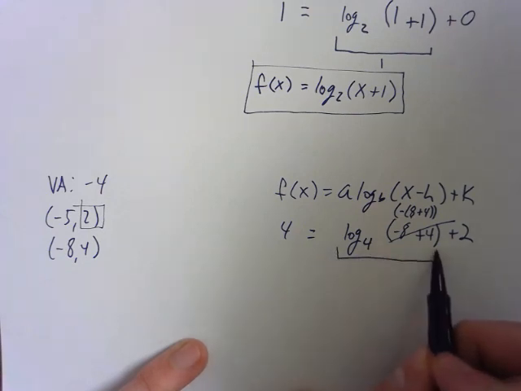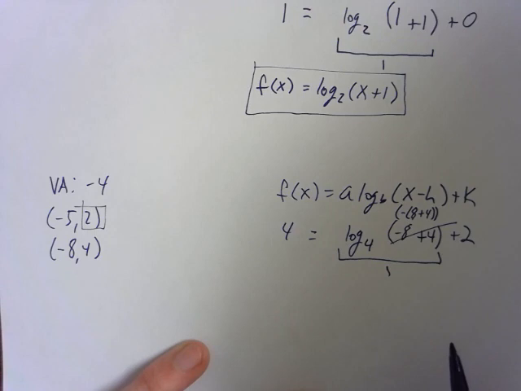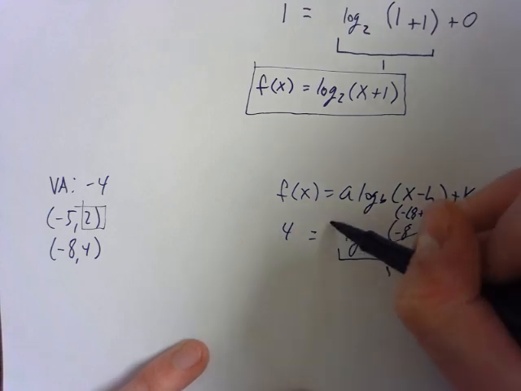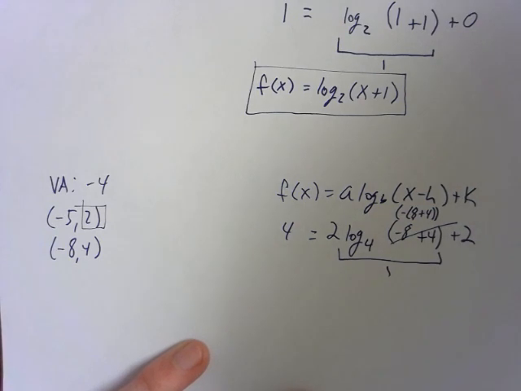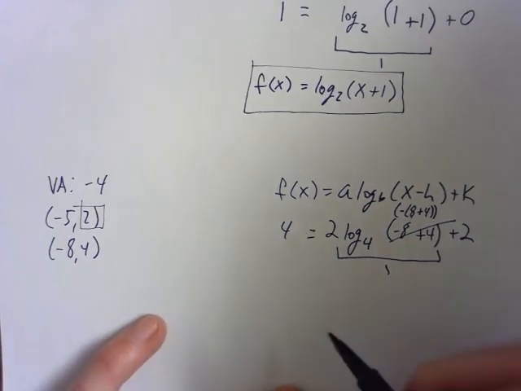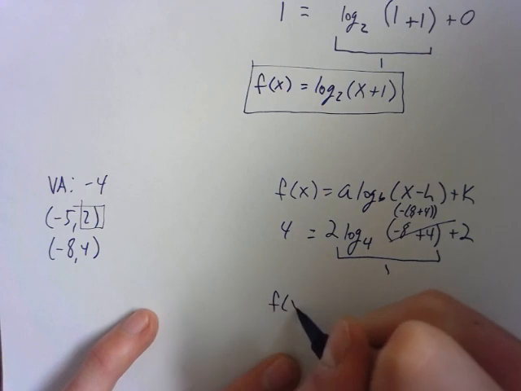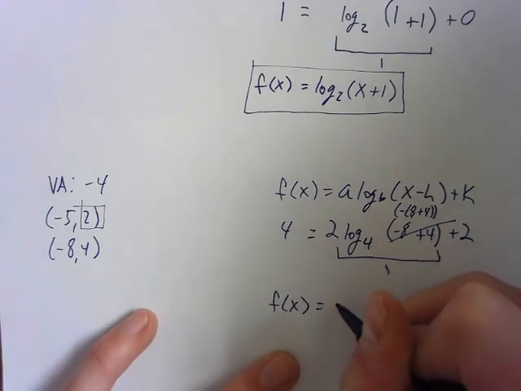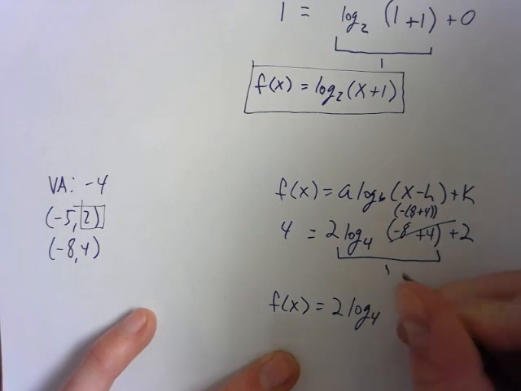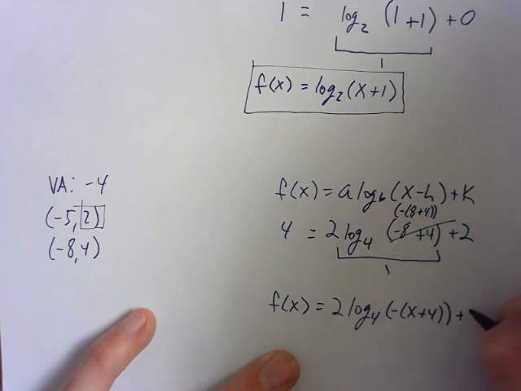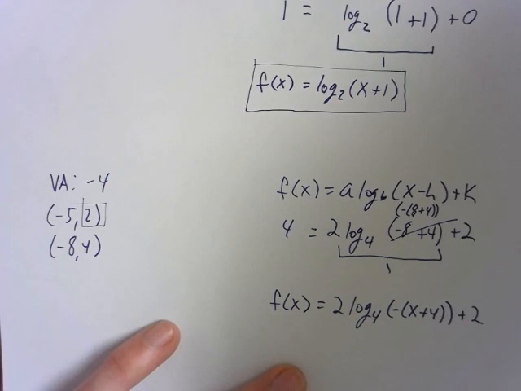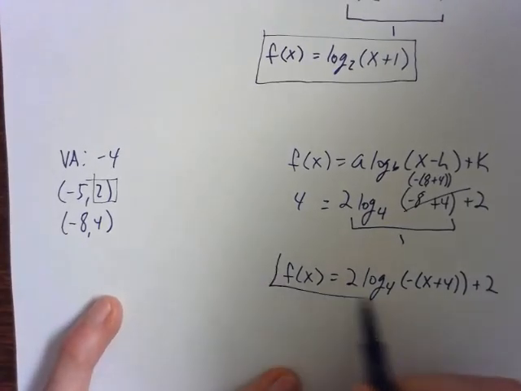So to make this 1 equal to 2, I'm going to have to multiply it by 2. So I need to make my a 2. So if we write this back out, I will have f of x equals 2 log base 4 of negative x plus 4 plus 2. And so this is a correct answer.